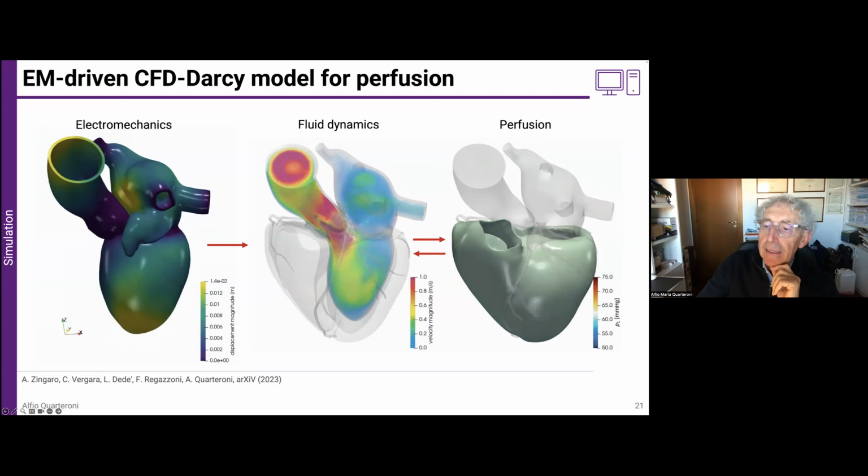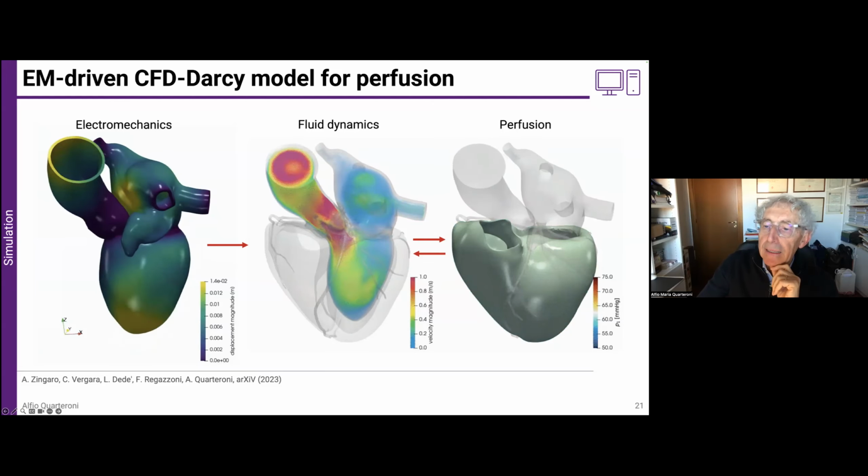Now, I'd like to give you an idea of how long it takes for a single heartbeat simulation. We are using around 20 million degrees of freedom for partial differential equations, about 30 million degrees of freedom for ordinary differential equations at the cell level.